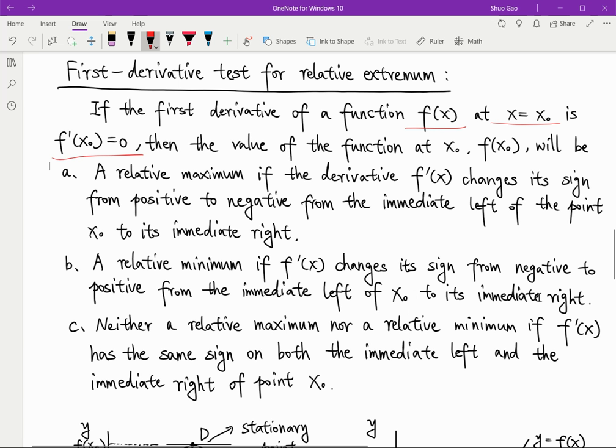If this is the case, then the value of the function at x0, which is f(x0), will be, there are 3 cases. The first one will be a relative maximum if the derivative changes its sign from positive to negative from the immediate left of the point x0 to its immediate right.